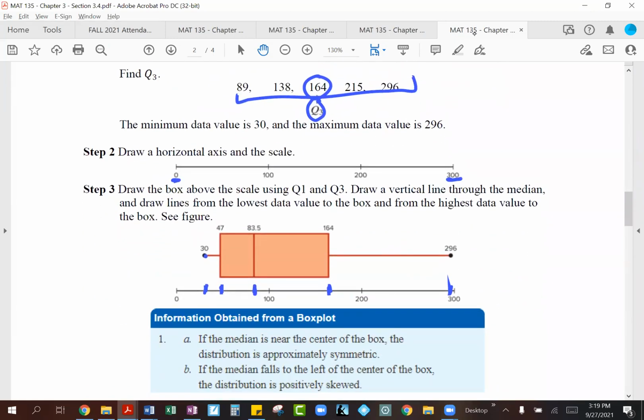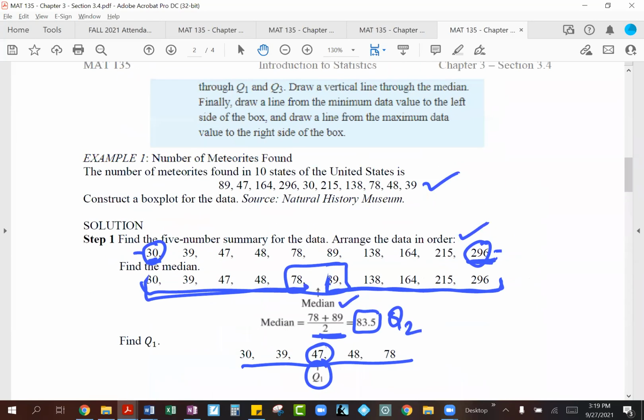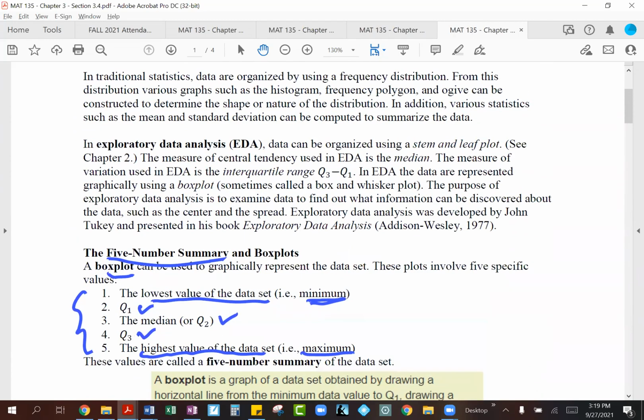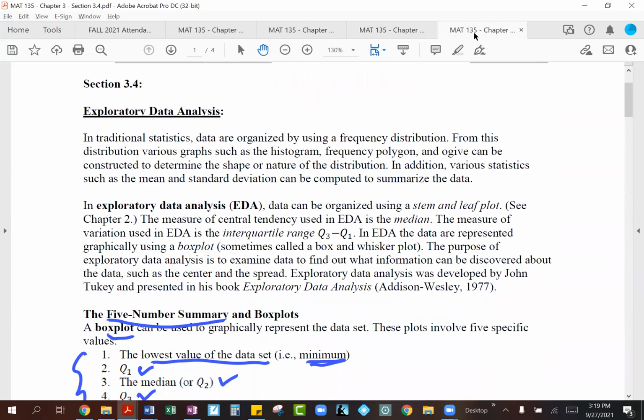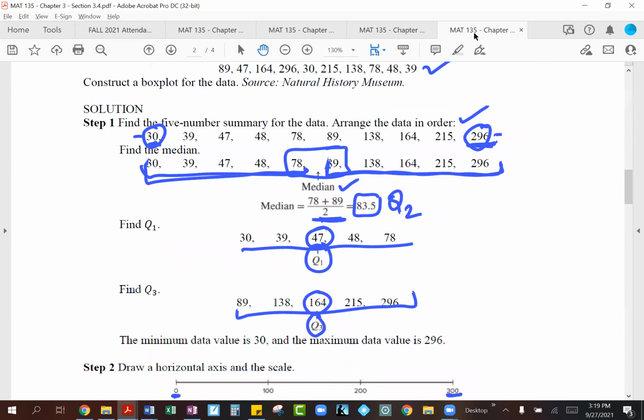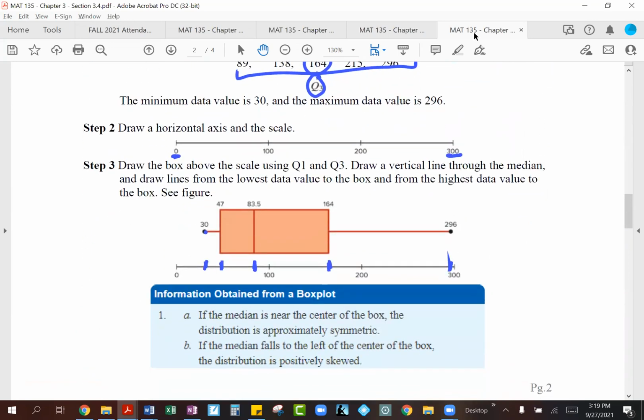So using these 3 numbers, guys, this is also called, oh, that name just went out of my head. Whiskers something. Oh, a box and whisker plot. So you've got your box in the middle, and the whiskers are the 2 horizontal lines at the end.